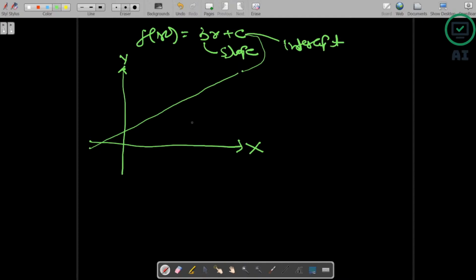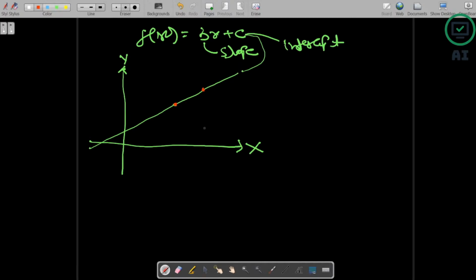For this, we will take 2 points on this line. One point is this, another point is this. So how do we find the slope between these 2 points? More generically, what is the slope of a line actually, because the slope will be constant everywhere on this line, it will be consistent.